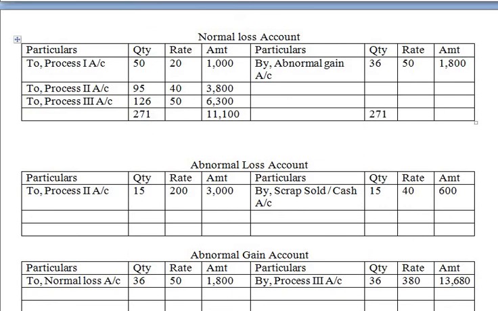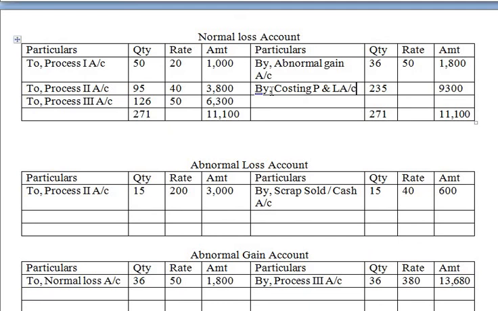Now whatever balance remains, that is 235 units and here amount is 9,300. So whatever balance remains will be transferred to costing profit and loss account.